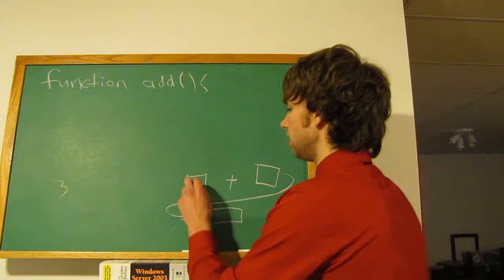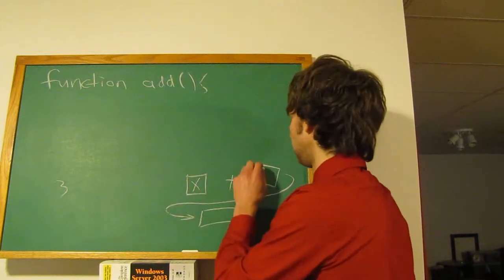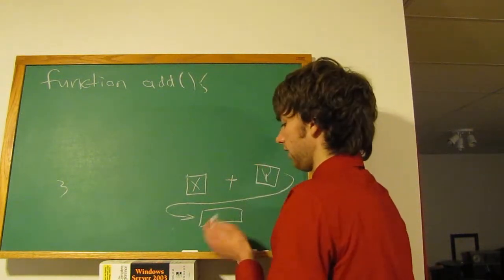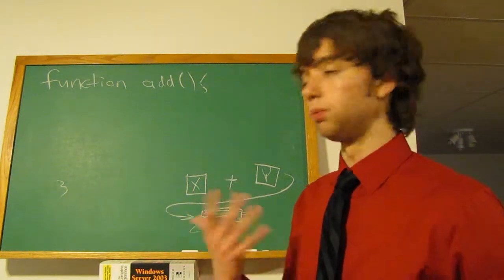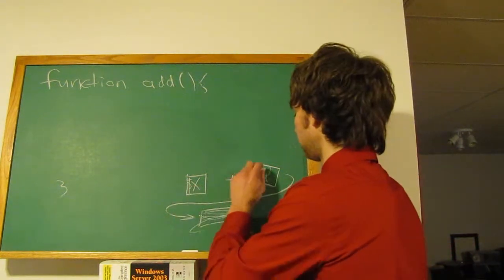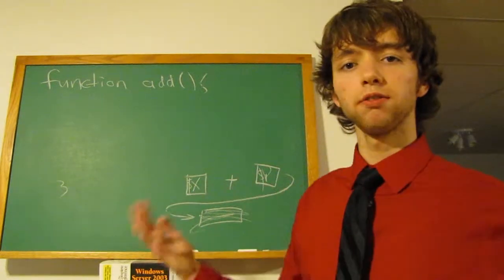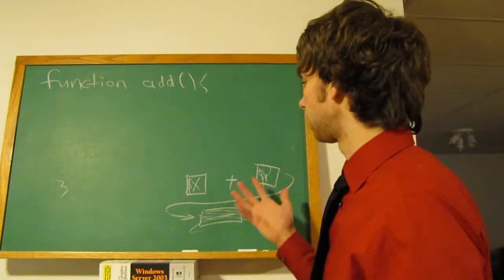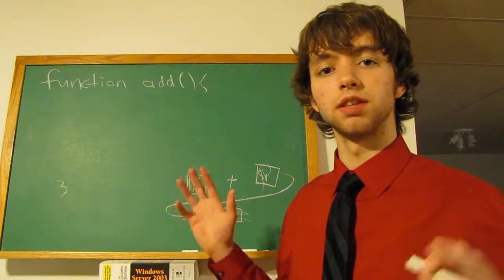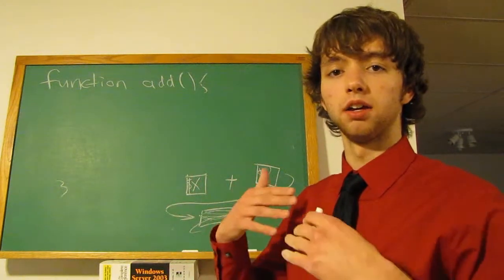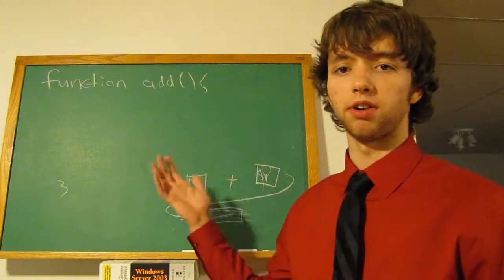So we could say this is x, and this is y. And that's just the final result, we don't have to worry about that. We can make these variables to store whatever value is going to be used, because we don't know yet. When you call the function, the values are given by the program, not when we define the function.